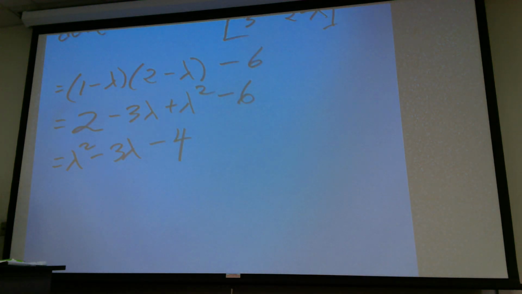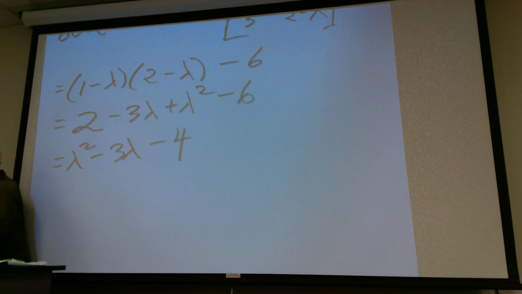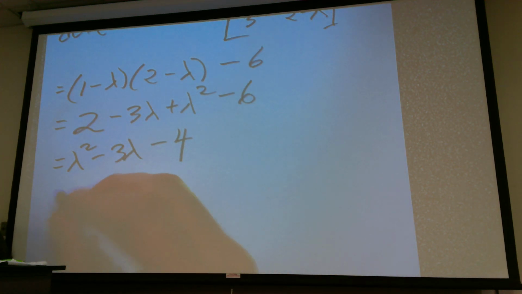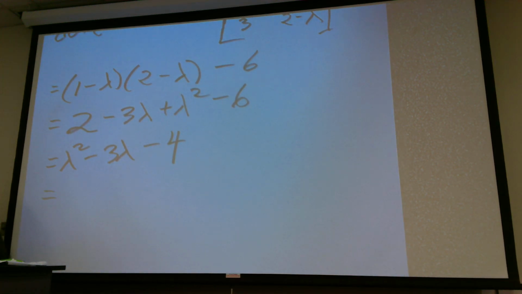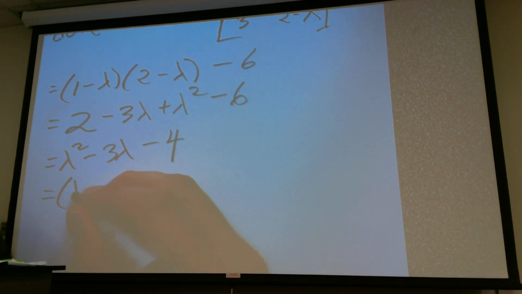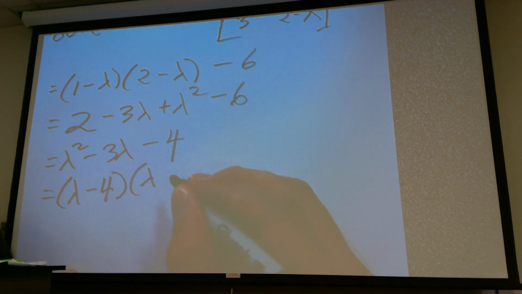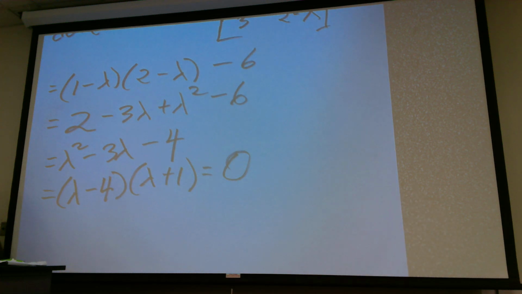Okay. Now let's go ahead and factor this thing. So, lambda squared minus 3 lambda minus 4, we know there's going to be a 4 and a 1. So that would be lambda minus 4, then multiplied by lambda plus 1, and we would set that equal to 0.